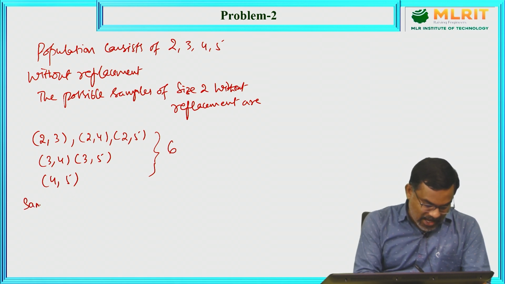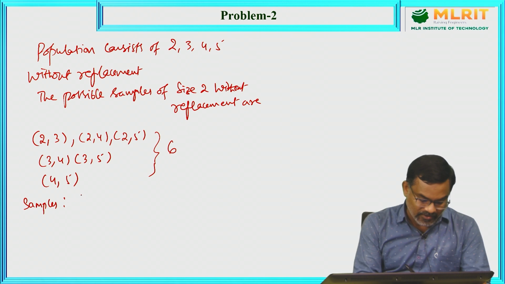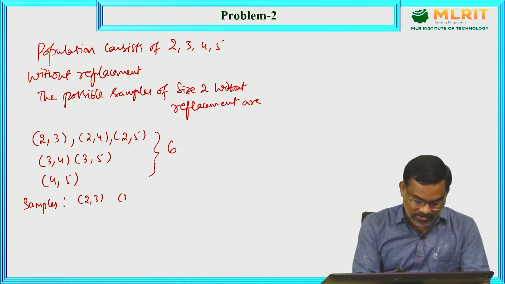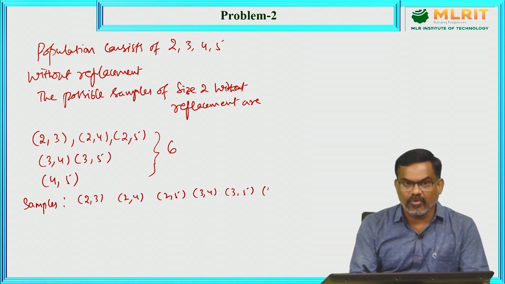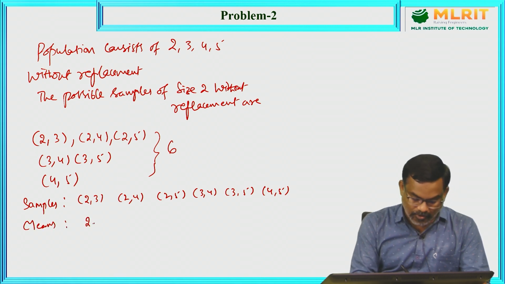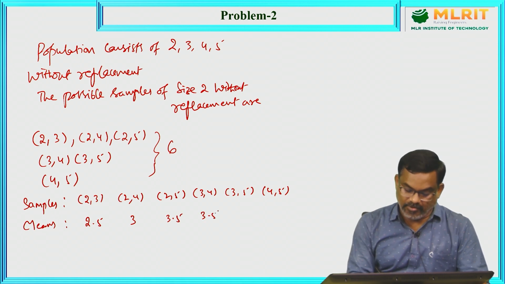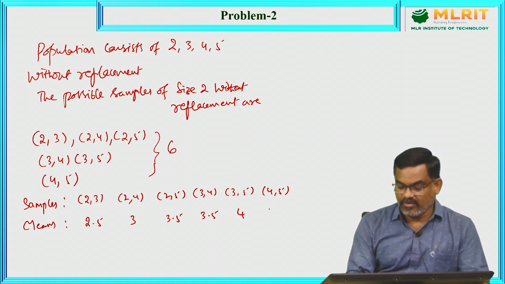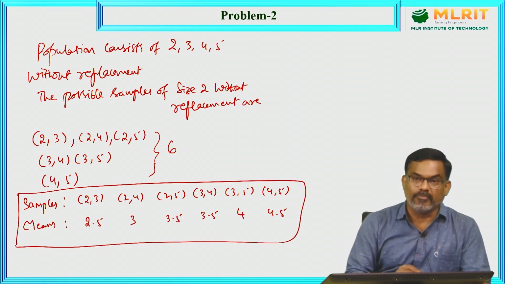As the samples are only 6, we can consider directly 2, 3, 2, 4, 2, 5, 3, 4, 3, 5, 4, 5 and the corresponding means 2.5, 3, 3.5, again 3.5, 4, 4.5. So this is called the sampling distribution of means.